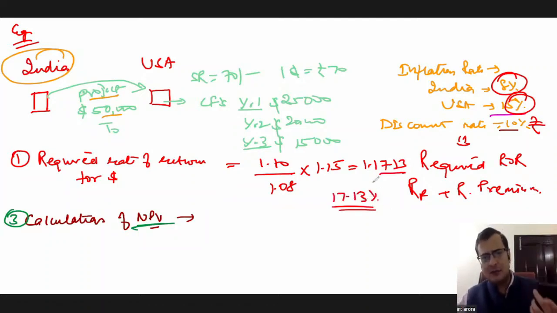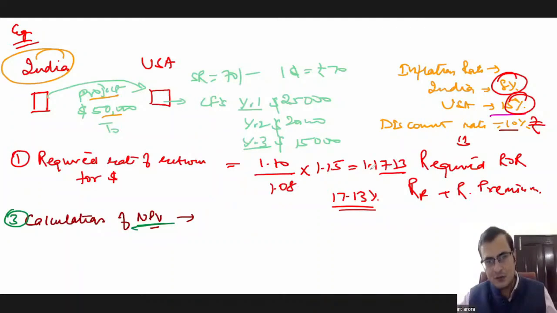Sir, what have you done? Beta, look, 10% we wrote as 1.1, 8% we wrote as 1.08, and 1.15. So 1.1713 means the rate of return will be 17.13%. Even if you do it like this, 10 by 8 into 15, you will get the same answer. Clear? So this is how the required rate of return will be calculated. Is it clear, beta? Yes, sir.